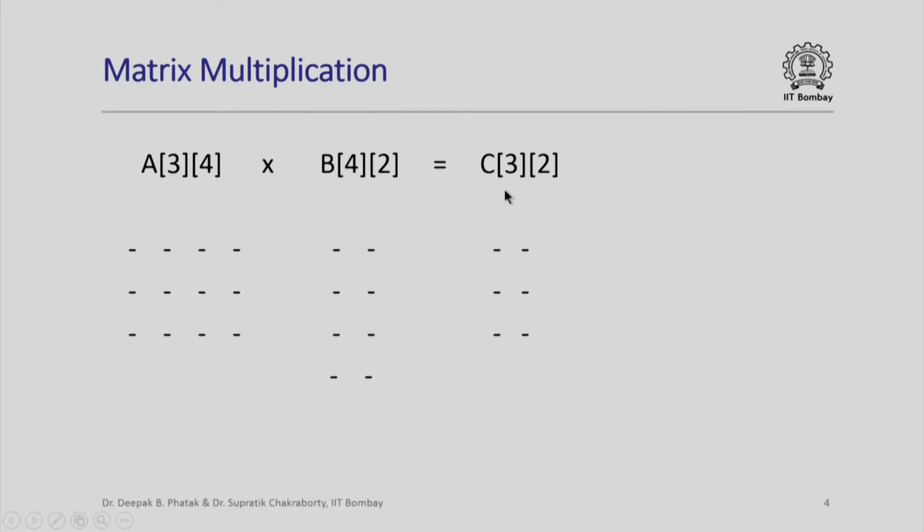The resultant matrix peculiarly has the same number of rows as the number of rows of the first matrix and the same number of columns as the number of columns in the second matrix. So, if this is how the matrix A looks like, this is how the matrix B looks like, then this is how the matrix C will be.